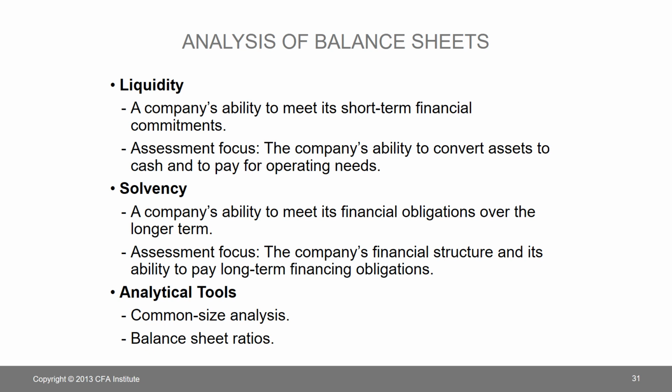So we used a percentage to calculate the cost of goods sold, for example, as a percentage of revenue, and calculate how much is net income as a percentage of revenue. Okay, so similarly, we can do that for the balance sheet. And the other analytical tool is the use of ratios. Okay.